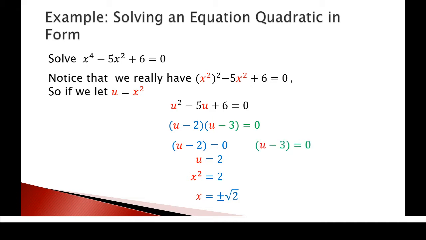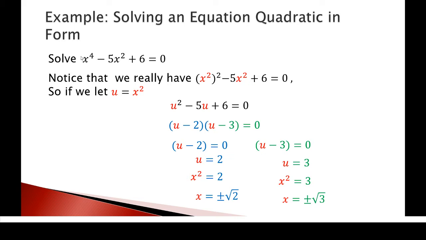Secondly, consider u minus 3. Again make it equal to 0. Then u is equal to 3, and again substitute x squared for u and you will have x is equal to plus or minus root 3.